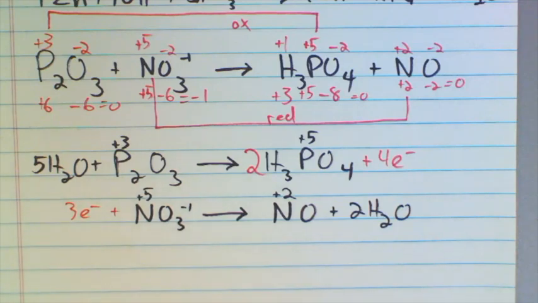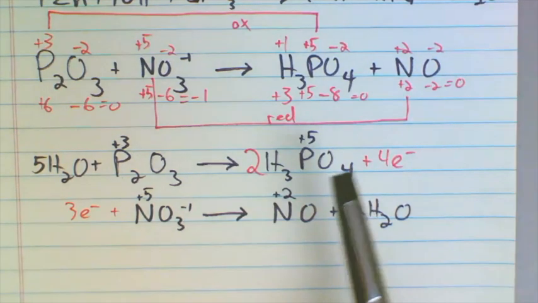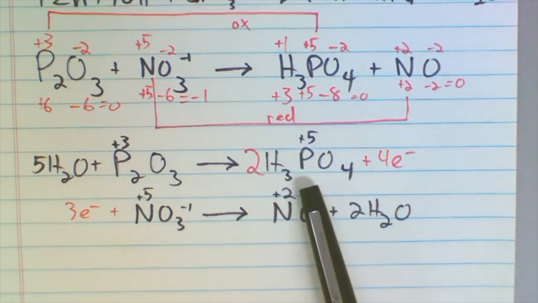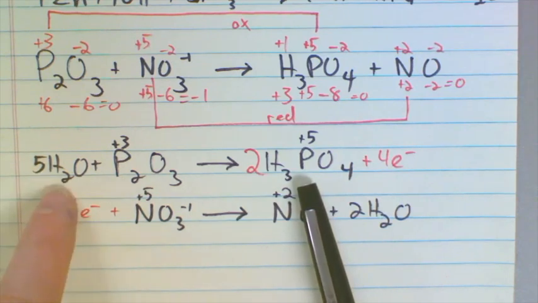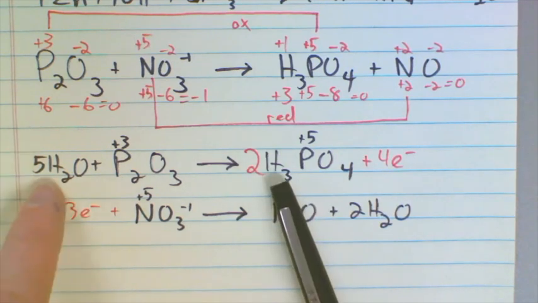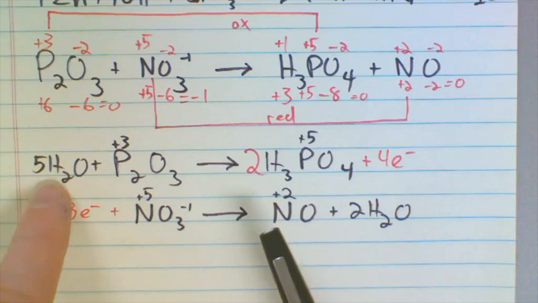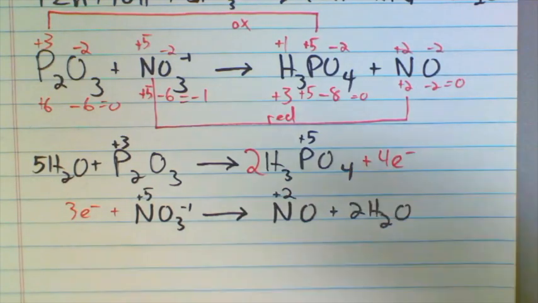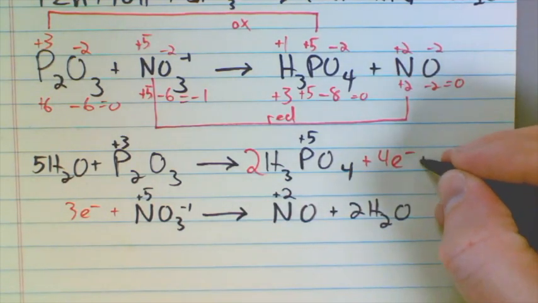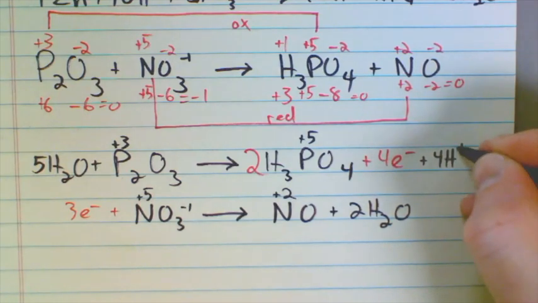Step number 6. Balance hydrogen by adding H plus where needed. How many hydrogens do we got over here? We got 6 here and 10. So we're going to add 4 hydrogens over here.